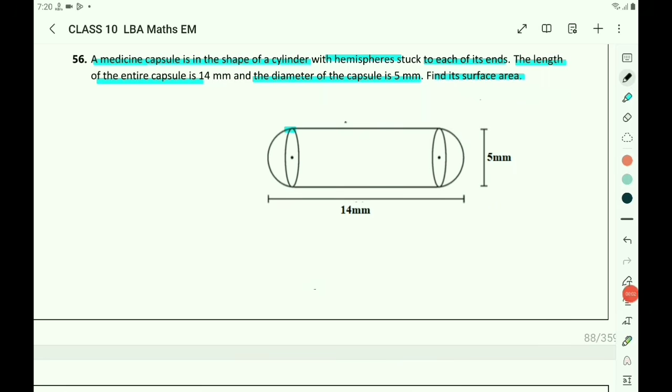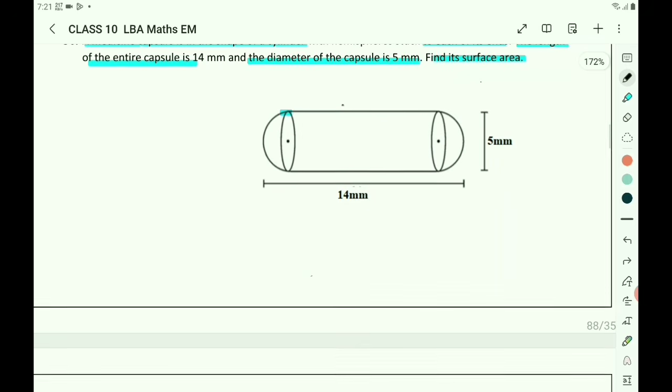Surface area of the capsule is equal to the curved surface area of the cylinder plus 2 into curved surface area of the hemisphere. That is 2 pi r h plus 2 into 2 pi r square. Then r is required for the hemisphere and cylindrical portion and h is required for the cylindrical portion.